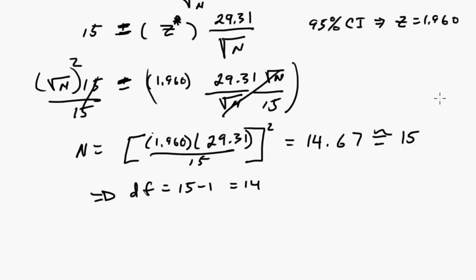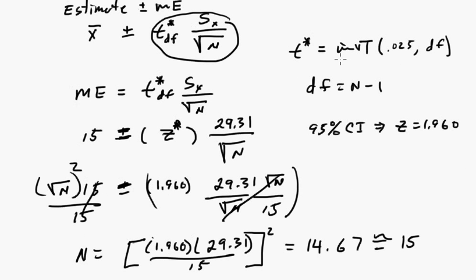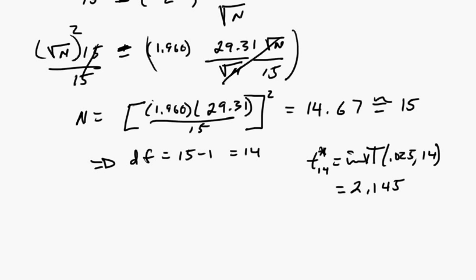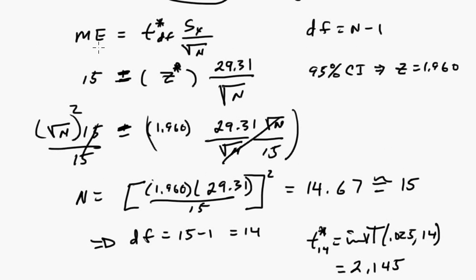So now we can go back to this calculation up here and say t star of 14 equals inverse t of 0.025 of 14, and that's going to give us 2.145. So we go back to our calculation. We can go all the way back to here if we wanted to.